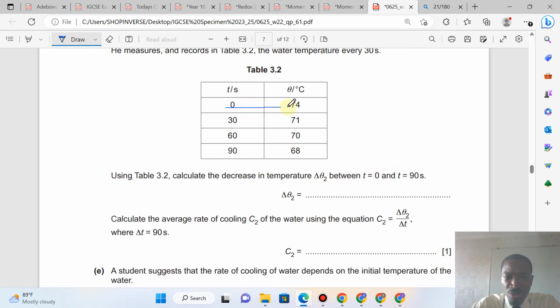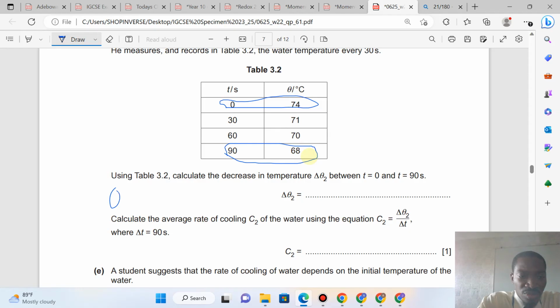So from T equals 0 till T equals 90, let us get a decrease in temperature. When you want to get the decrease in temperature, you use the first case of theta 2, let's call it A, minus the second case of theta 2.